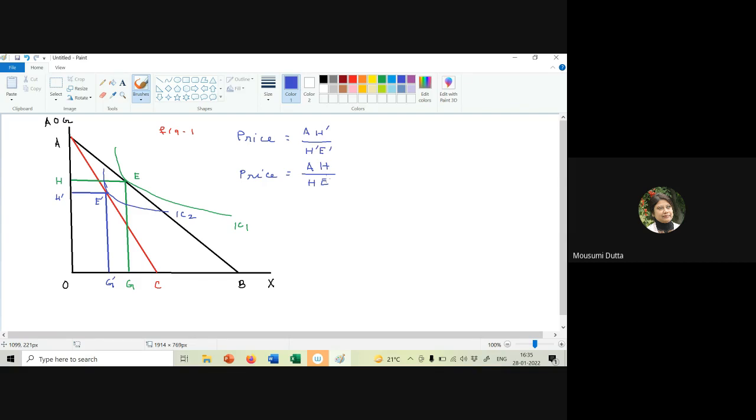For this, we draw a budget line KL through E prime, which is parallel to AB.